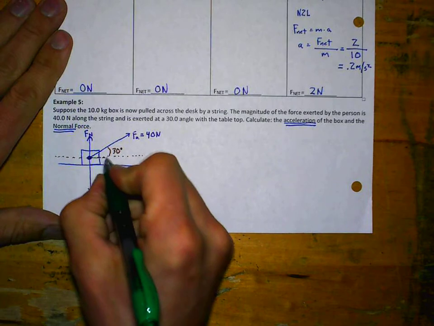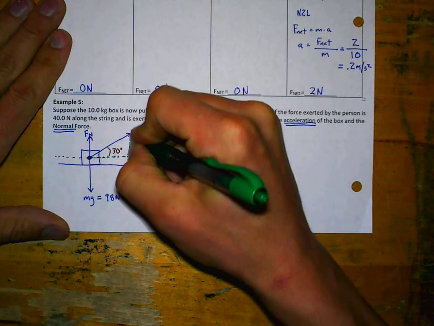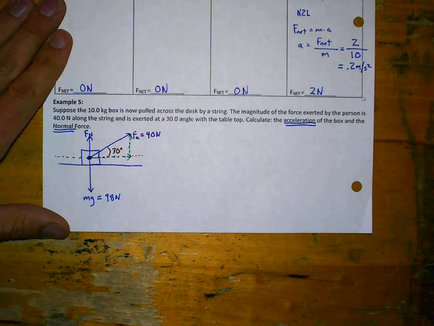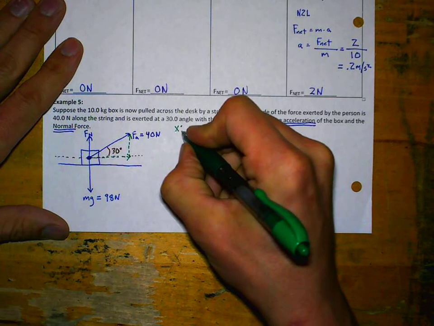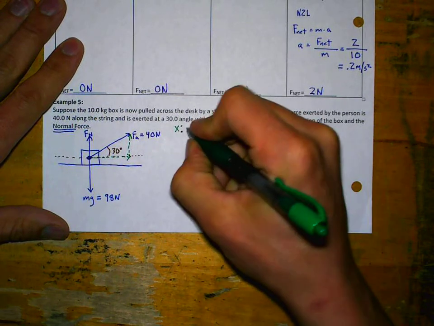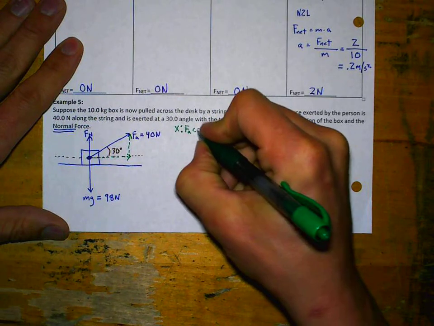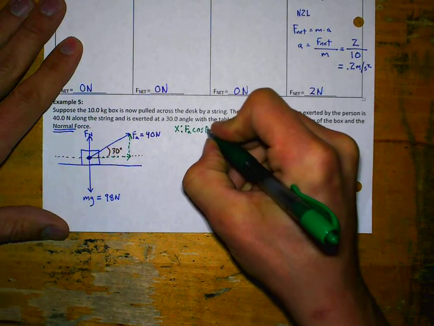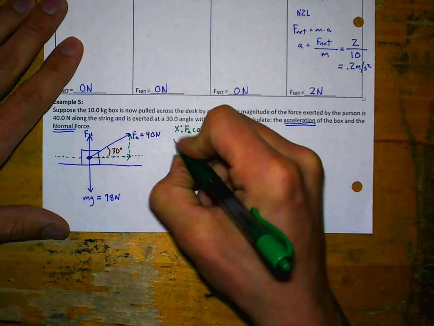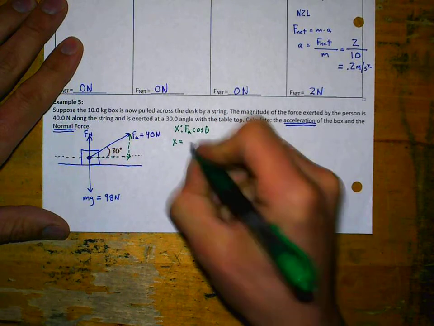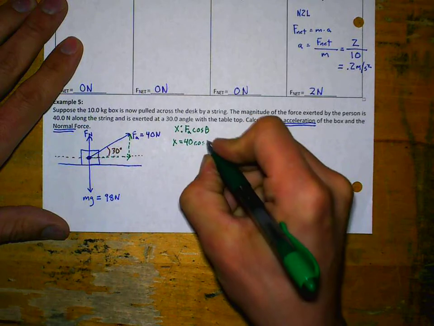So I'm going to draw those dotted green here. We got a cosine and a sine component. Okay, so let's go over here and say x. And x is going to be equal to FA cos theta. Alright, and if we do that, we're going to do 40 cos 30.